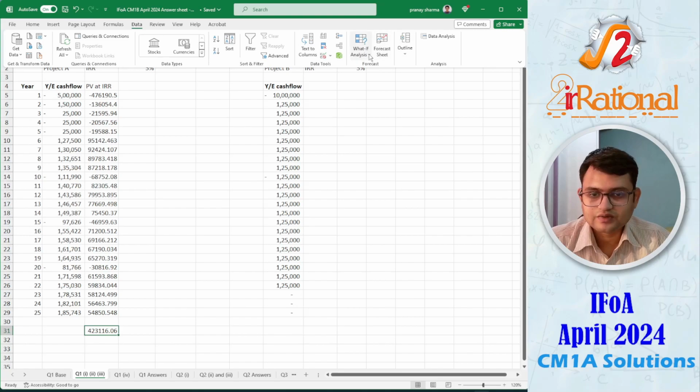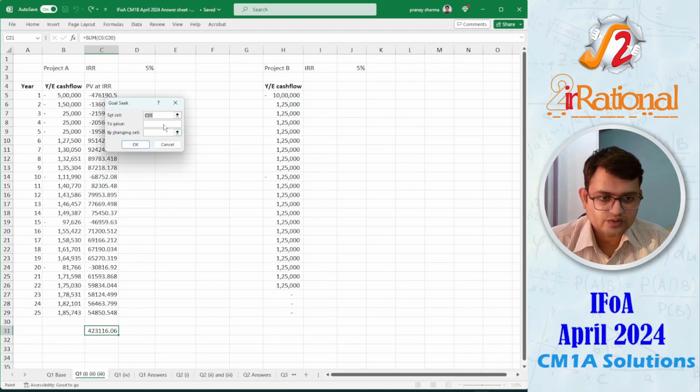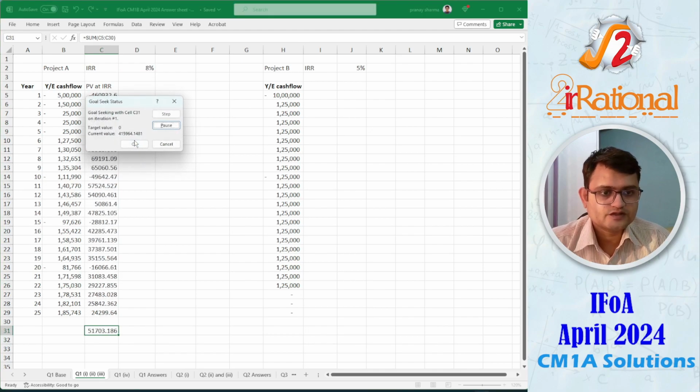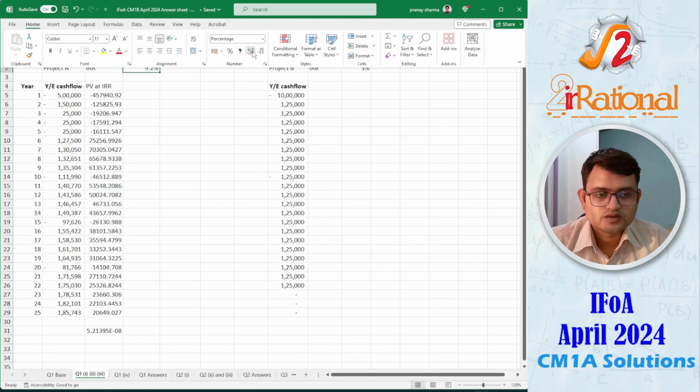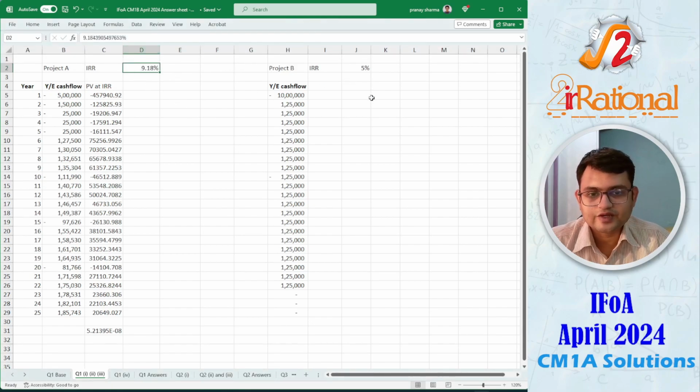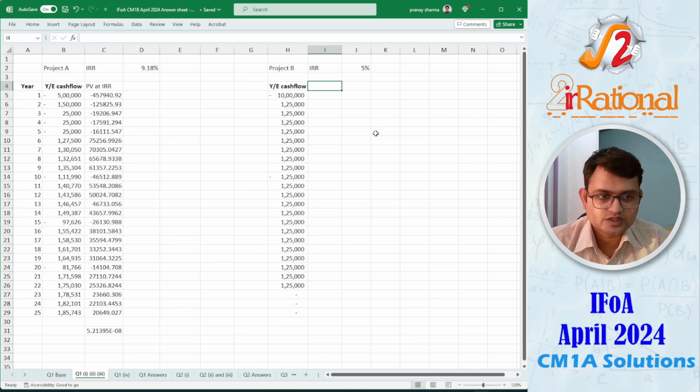Data, what-if analysis, goal seek. I want this value to be 0 by changing cell. Decimal places, 9.18%. I'll do the same thing here.